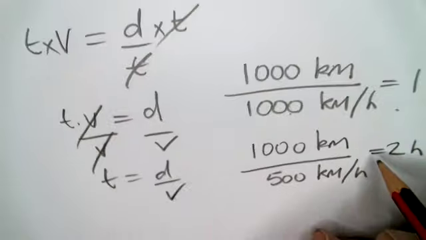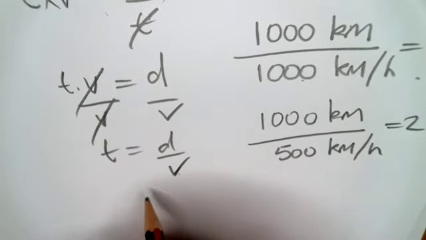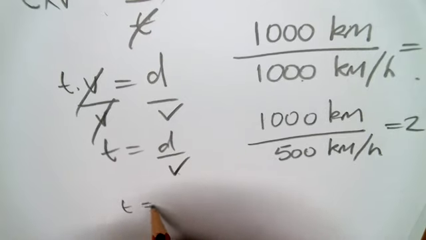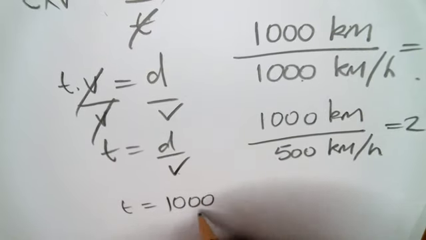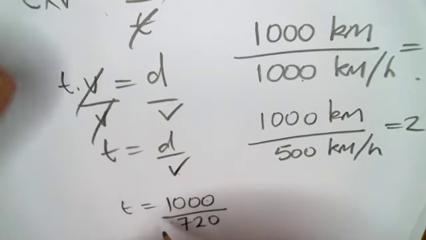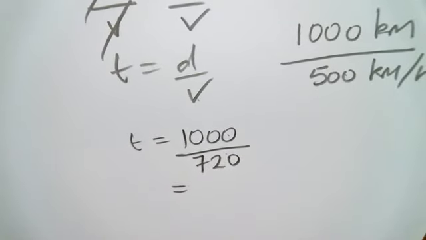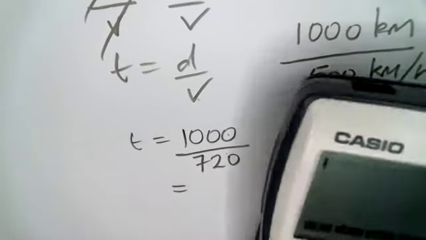Now we know that we're traveling 1,000 kilometers, so time is equal to distance, which is 1,000 kilometers, divided by the velocity, which in this case is 720 kilometers per hour. So if we divide the distance by the velocity, we know the time it takes. Let's do that on the calculator, because that one's a bit of a gnarly one.